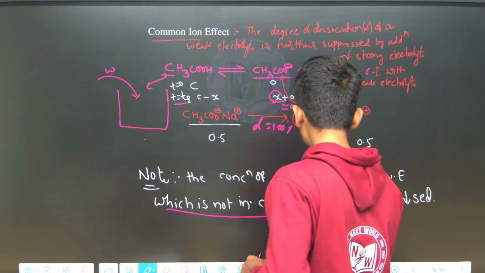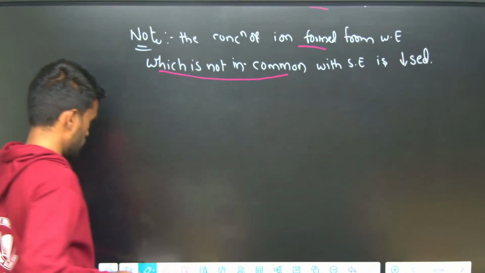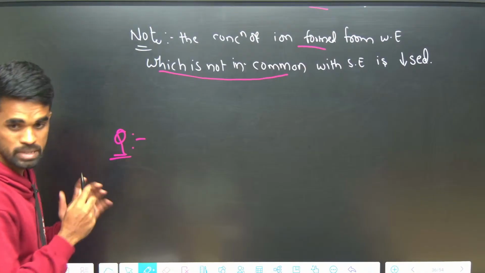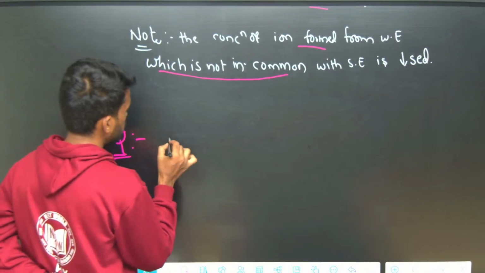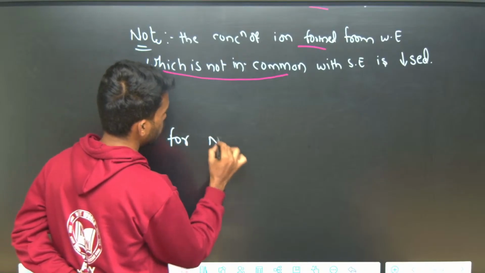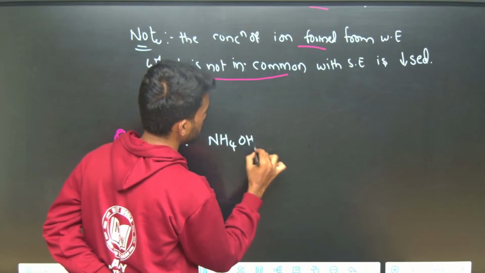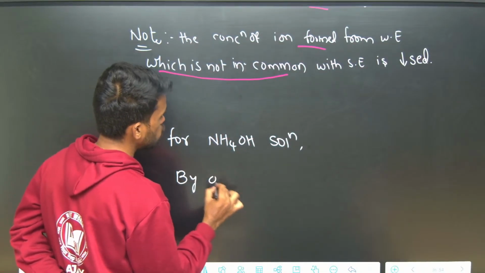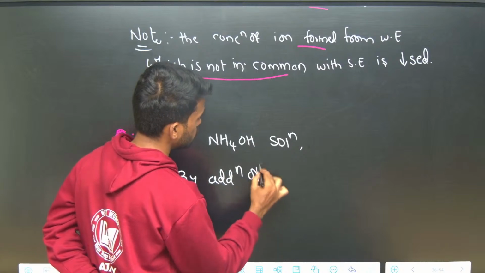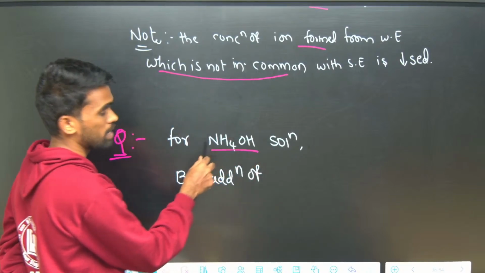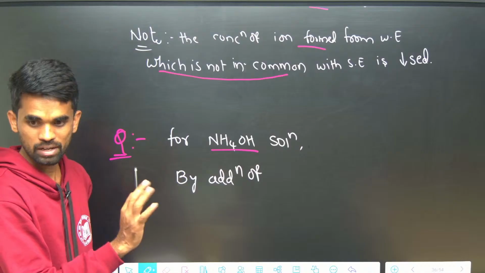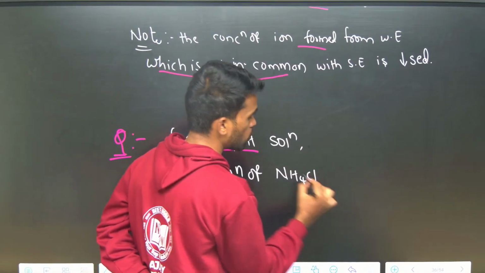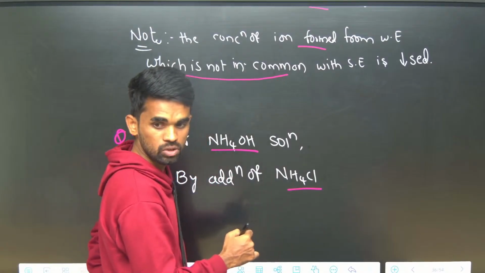Right. Now I am asking you a question. Tell me the answer for this. If you answer this properly, I can consider that the concept is clear. So for ammonium hydroxide solution, by addition of NH4Cl, first of all tell me, is ammonium hydroxide a weak electrolyte or strong? Weak electrolyte. Is ammonium chloride a strong electrolyte or weak electrolyte?